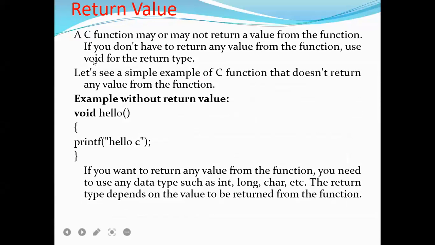As I told, void hello just prints hello; it returns nothing. If you want to return any value from the function, you need to use a data type such as int, long, character, float, like that. The return type depends on the value to be returned from the function. We have already discussed these things.